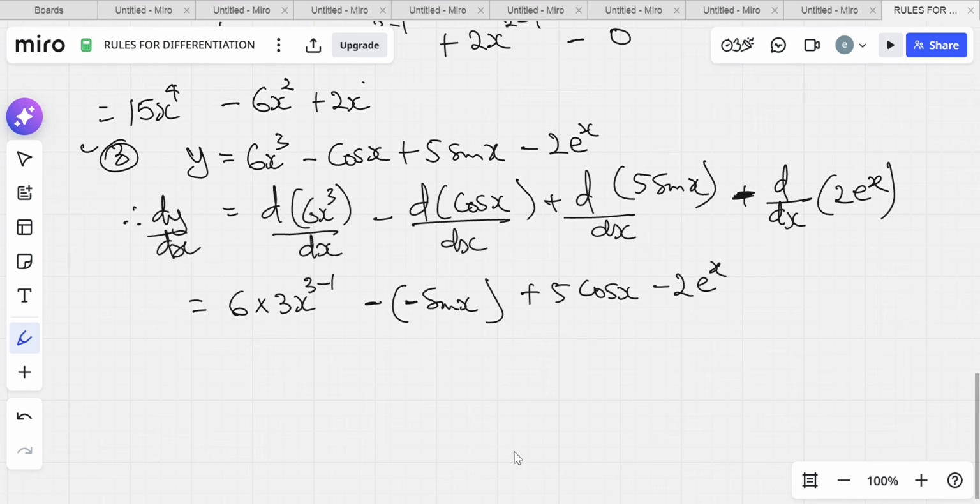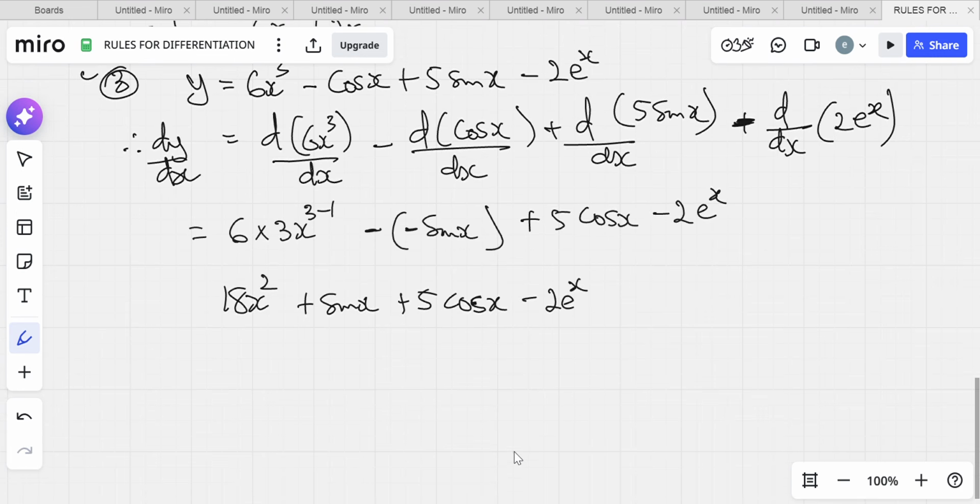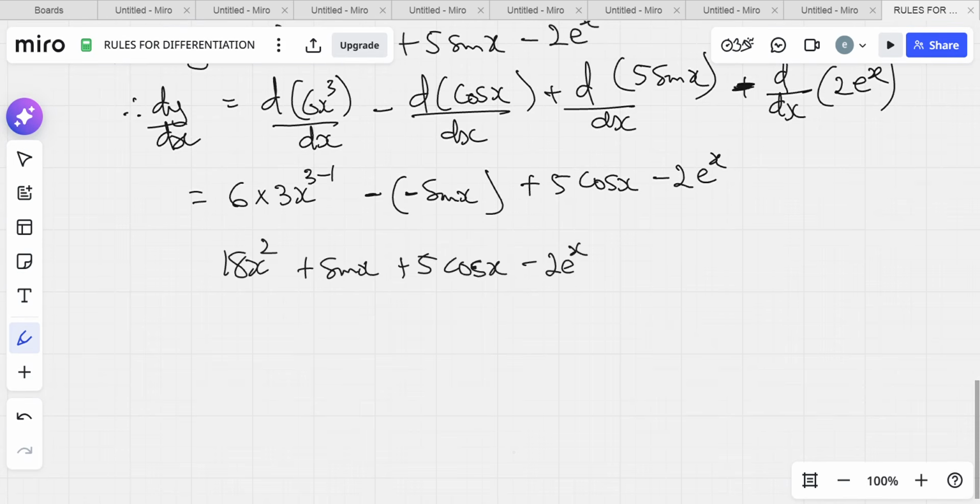Okay, so we'll now simplify this, and this will give us 18x to the power 2, minus into minus will give us plus sine x, plus 5 cos x minus 2e to the power x. Okay, so this is the differential coefficient.